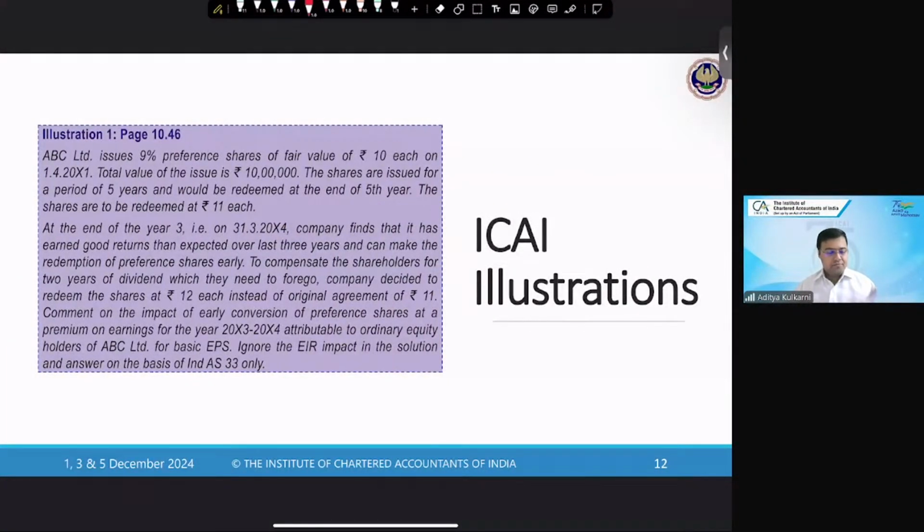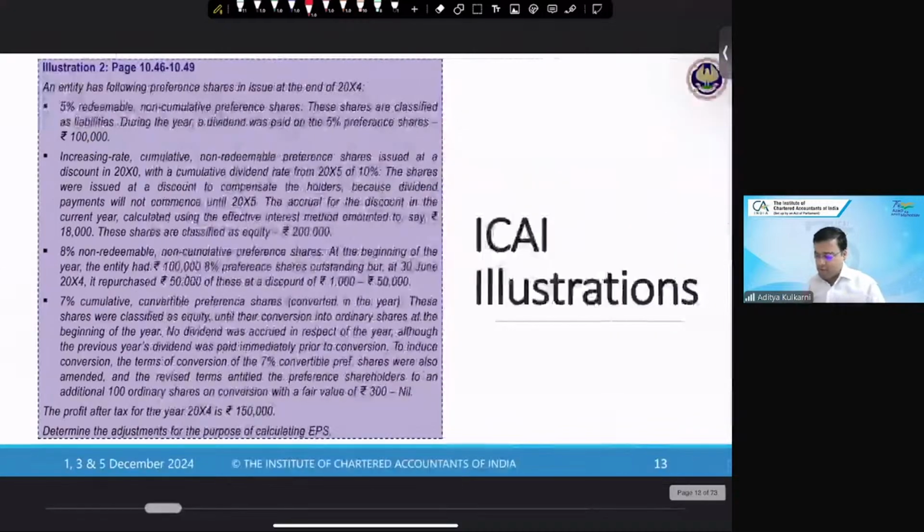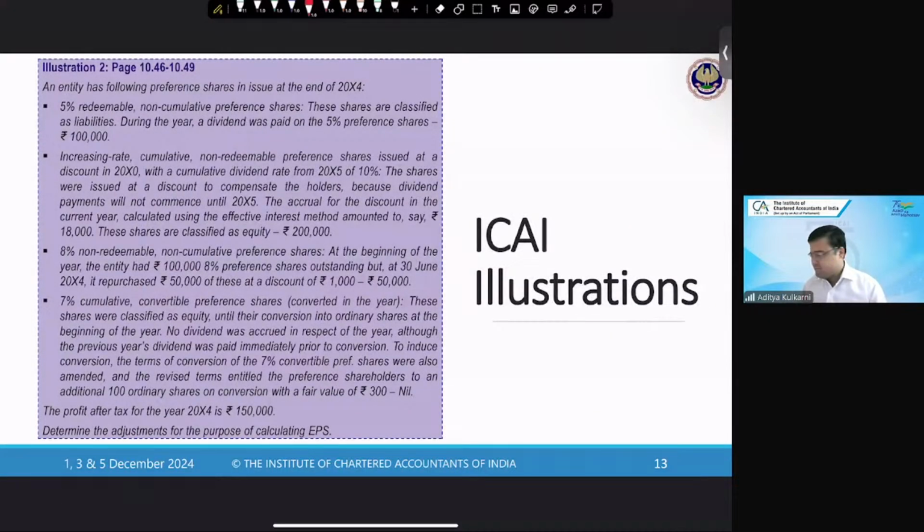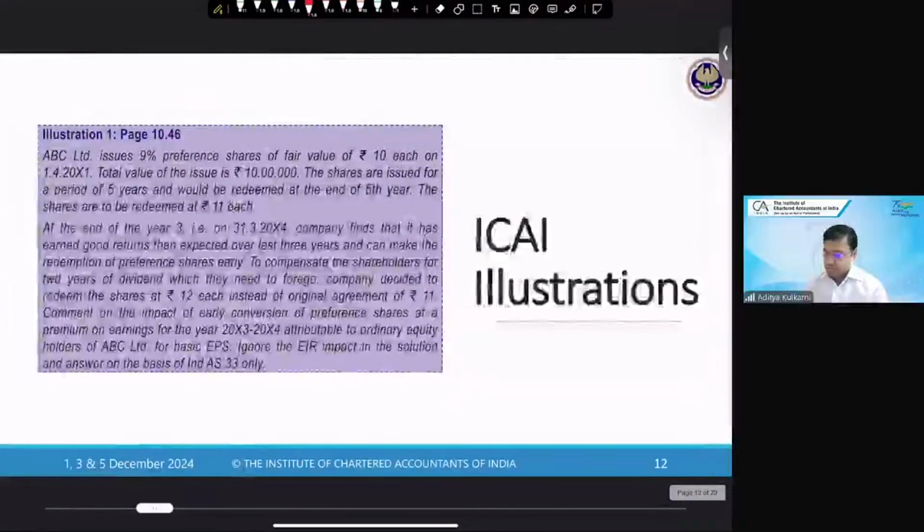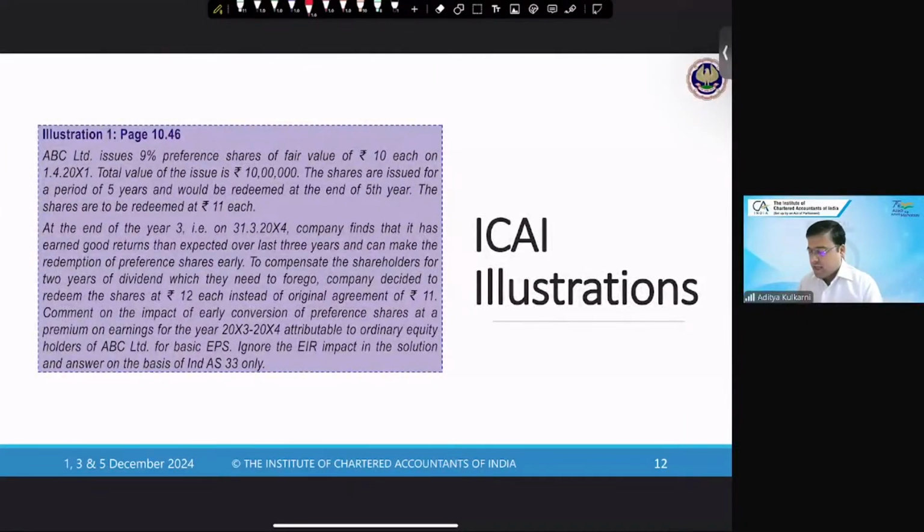Now, with this background, let us have one illustration. ABC Limited issues 9% preference shares of face value 10 each on 1st April 20x1.